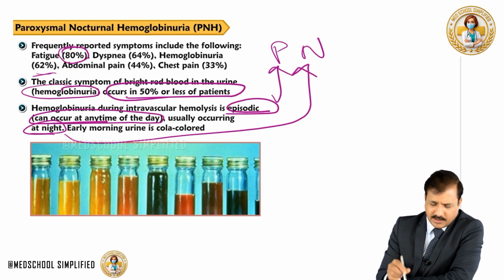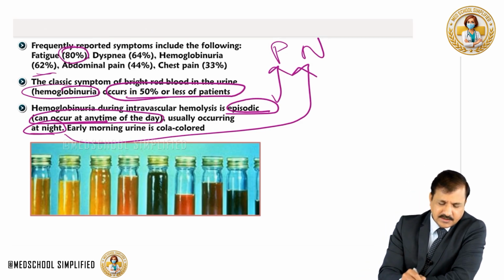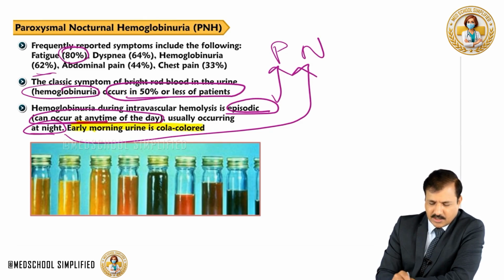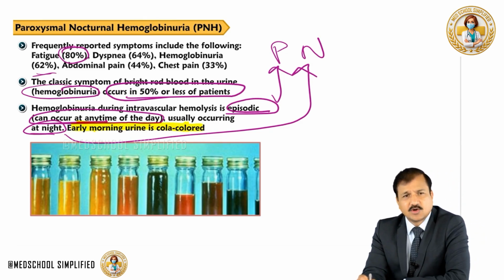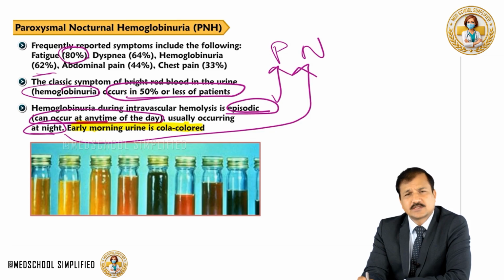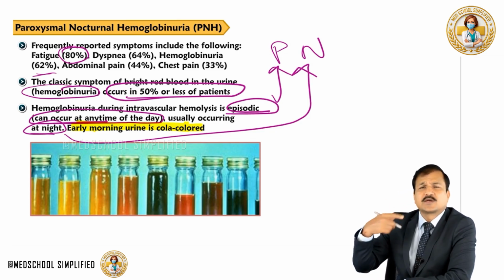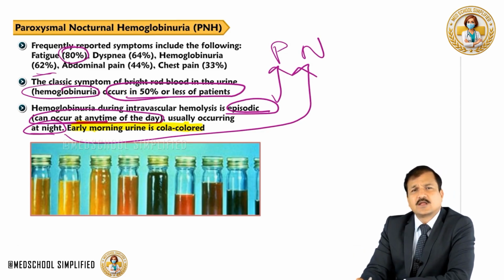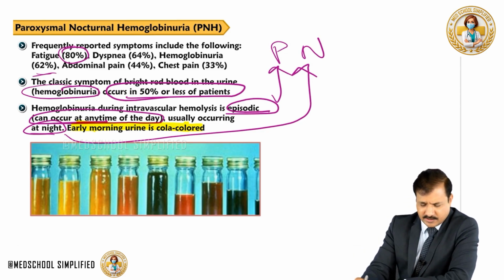So early morning urine sample is cola colored urine. Early morning urine is cola colored because of excess hemoglobin appearing in the urine sample because of the overnight hemolysis that was going on.